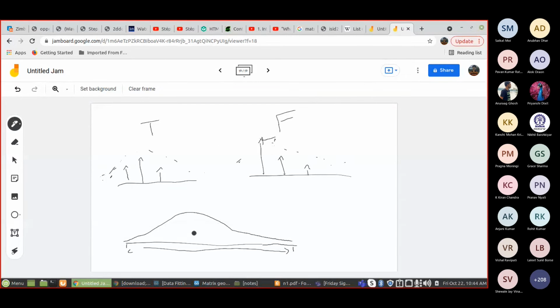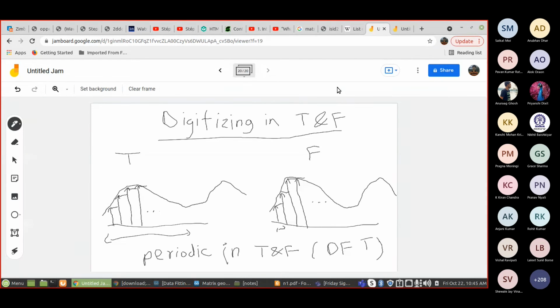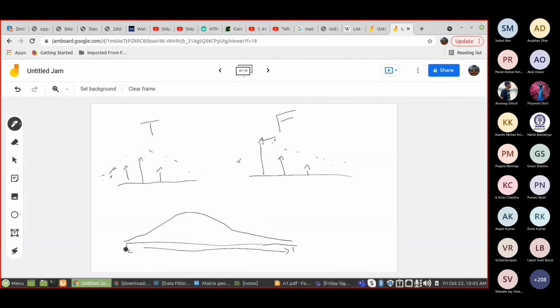Of course there is going to be some distortion. You are going to discretize, do periodic extension, and then digitize, and there will be some distortion. But if you do your processing carefully, you won't lose too much of your information.